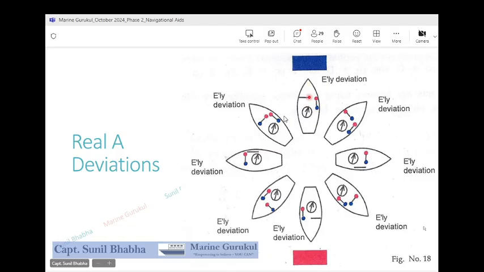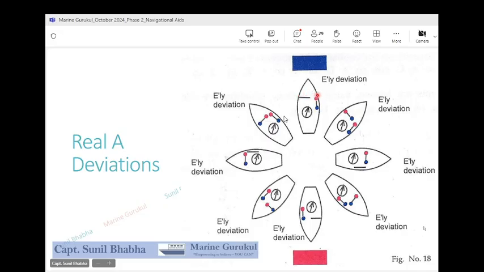The vessel is heading north, so the beam is in east-west orientation. So this beam is at right angles to the inducing field. Being at right angles, no induction happens, and the athwart ship beam does not acquire any magnetism. There are no poles generated.